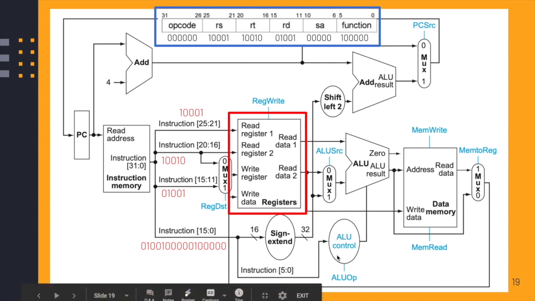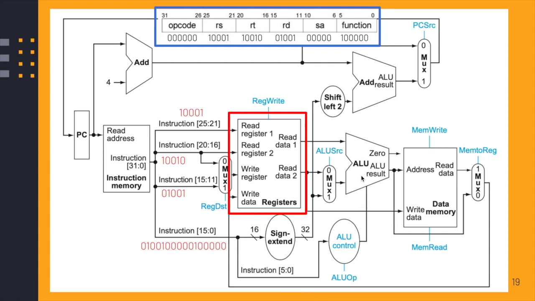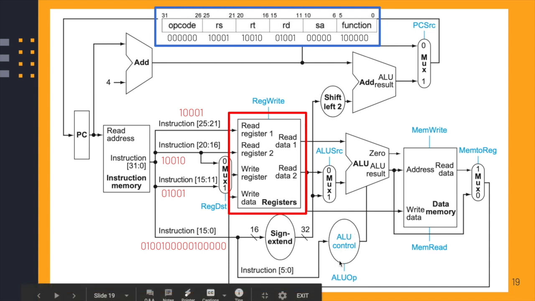So if the ALU operation determines that our instruction is an R-type instruction, then using these 6 bits, I will determine what bits I should output to the ALU. These determine what operation the ALU will perform. We will learn later on that the I format and the J format and the R format will provide the ALU with the operation it should perform through the ALU control.